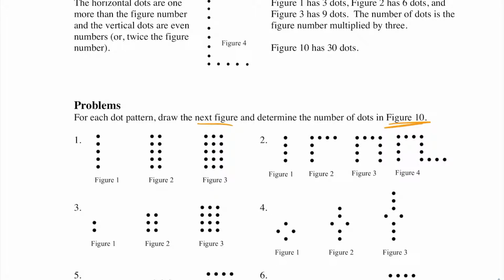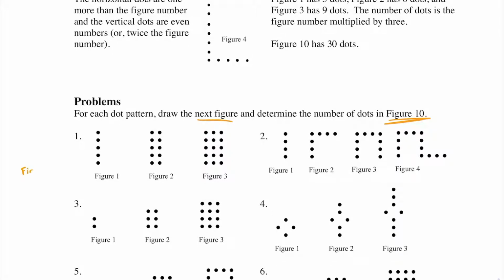So first thing, I need to draw figure 4. I'm going to abbreviate it fig, because figs are tasty. So first thing that I would do is try to examine really what's happening as we progress through the figures. From figure 1 to figure 2, I notice that this here is different. I seem to be adding 5 dots stacked on top of each other.